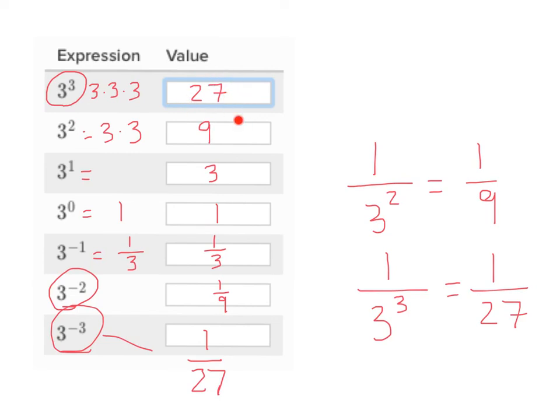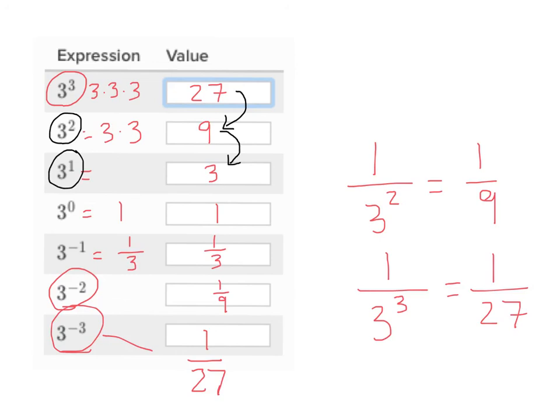My output's going from 27 to 9. So basically I'm dividing it by what? By 3. 27 divided by 3 equals 9. And then when I take my power and go from squared to the 1st power, my output goes from 9 to 3, which is also dividing by 3.